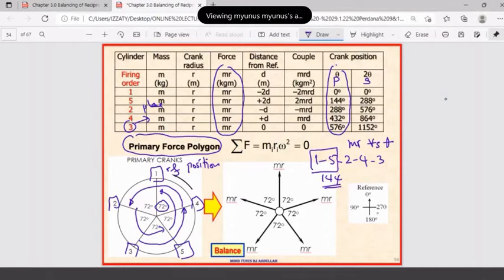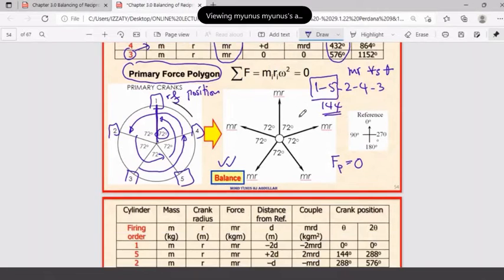And this is your reference position. And it seems that it is balanced because everyone is located at the same acute angle of 72 degrees. So this one is balanced. You have F primary equal to 0, balance.